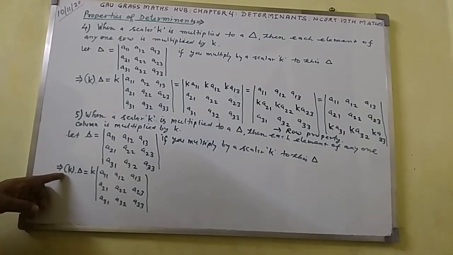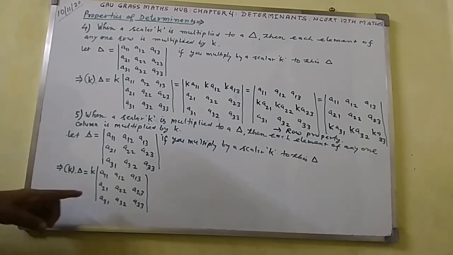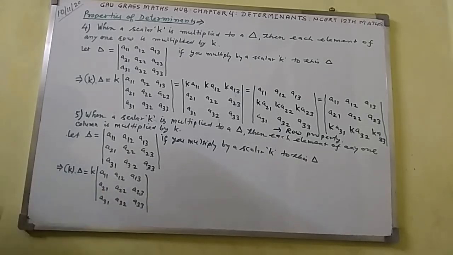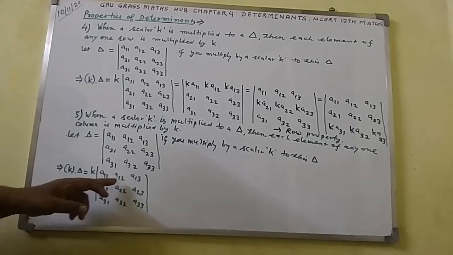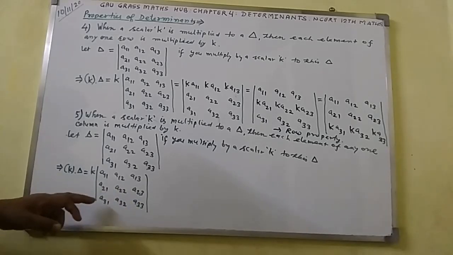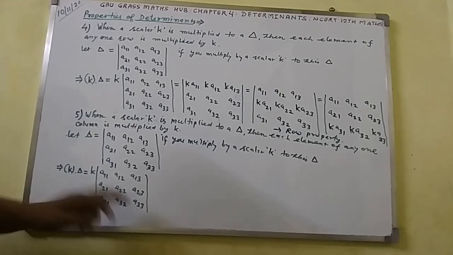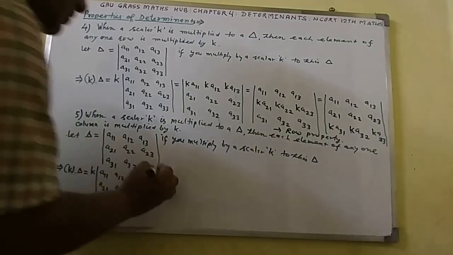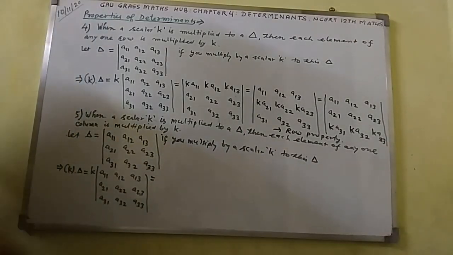Here the scalar k is multiplied to the determinant D. The scalar k is multiplied to the determinant D. So you will get this, this is the column property.